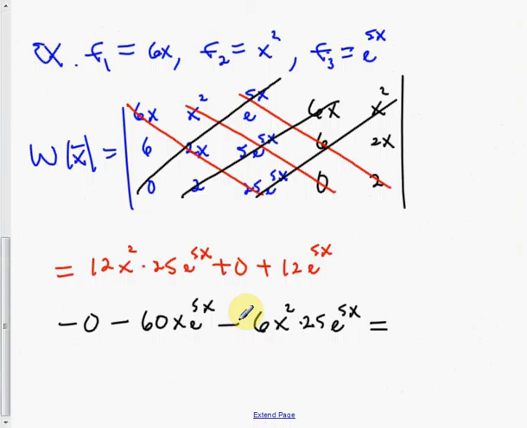If you don't, whichever method you know, I'm fine with that. Cofactor expansion is the standard method.